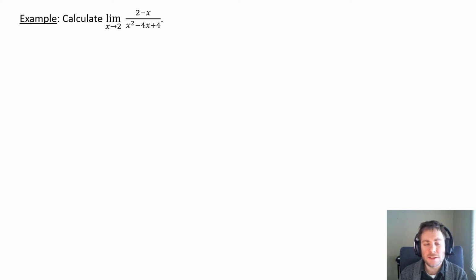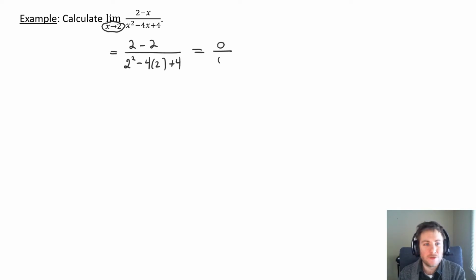So let's say you were asked to calculate the limit of this fraction. So we would like to know what value this fraction is approaching when x gets closer to 2. To figure that out, we typically just replace x by 2 and see what happens. In this case, you can pause and check that after simplifying, we're left with a result of 0 over 0.